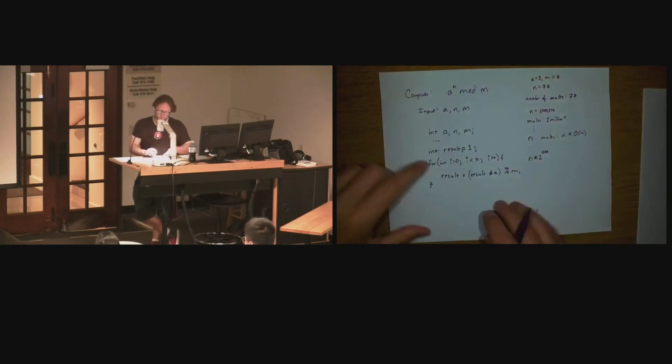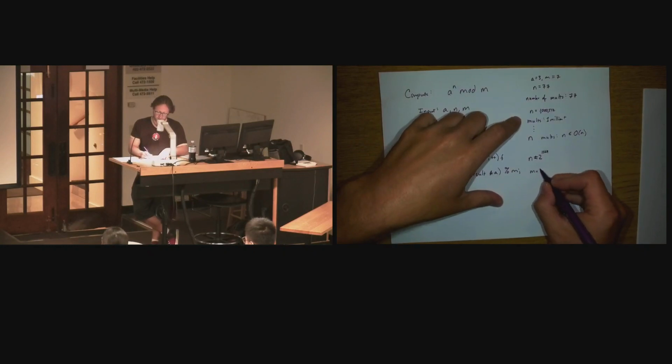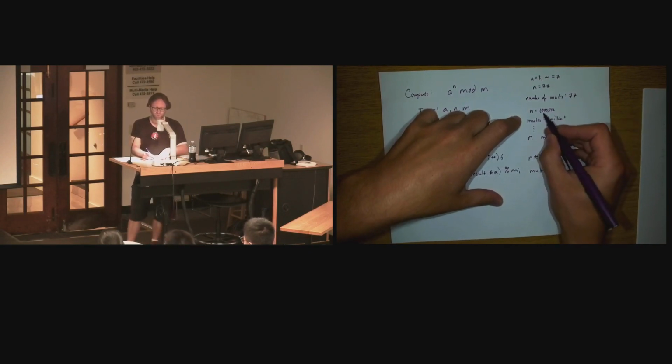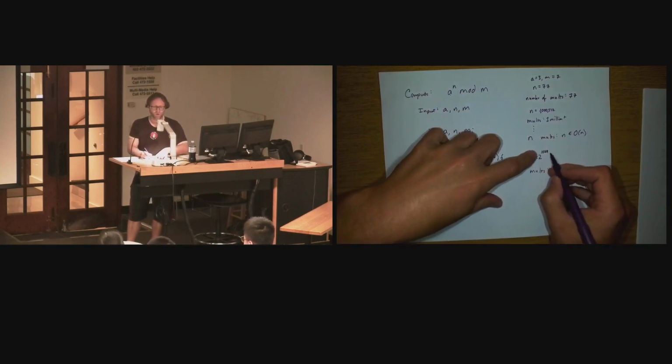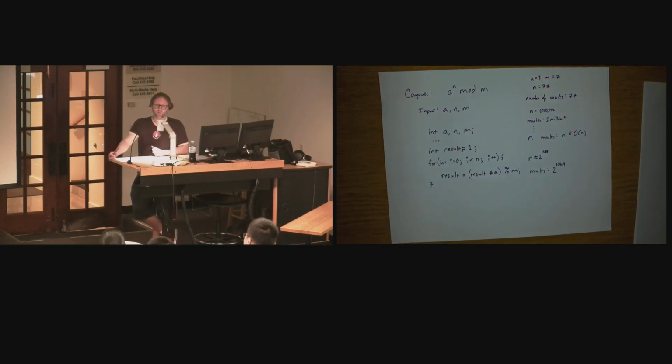But if I'm doing this algorithm to do this kind of stuff, how many multiplications do I do? Well, we said that if it was 77, we did 77. If it was 1 million, we did 1 million. If it's 2 to the 1024, how many multiplications do we do? Several universes full of multiplications.